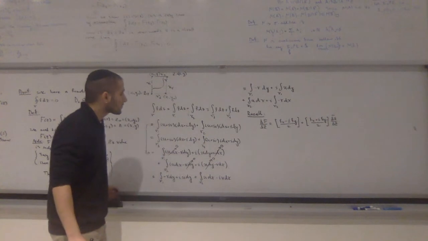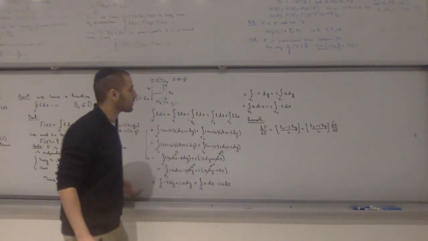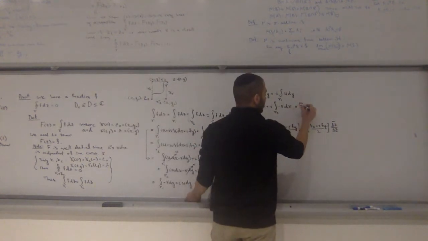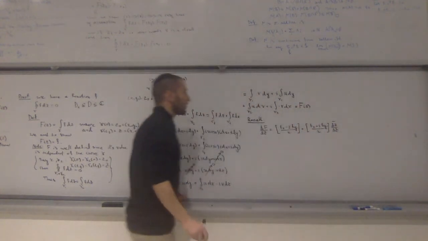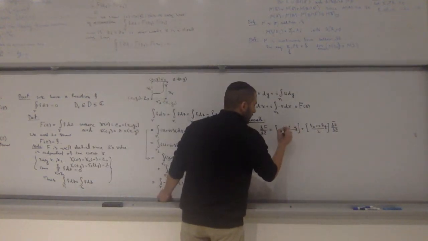Now, in terms of the derivative with respect to x, if this whole thing is capital F, capital F of z, we may take the derivative with respect to x. I'm sorry, these should be uppercase.